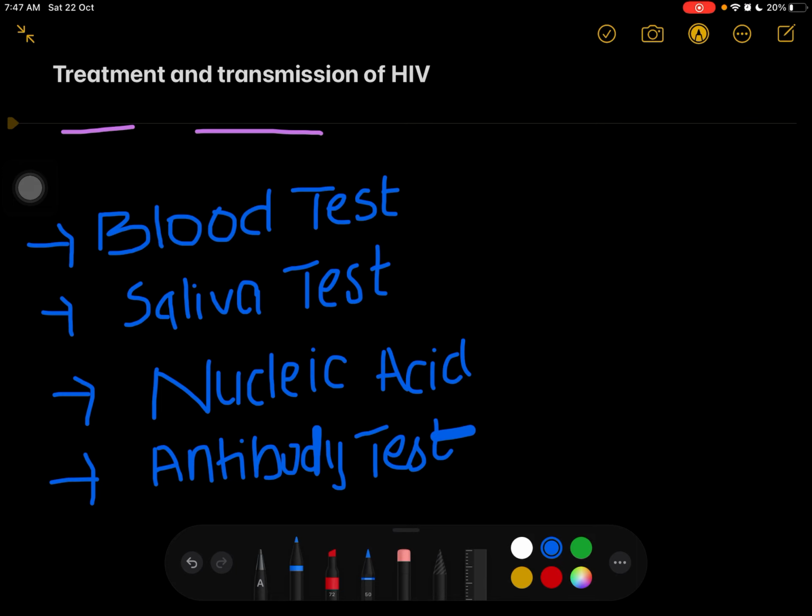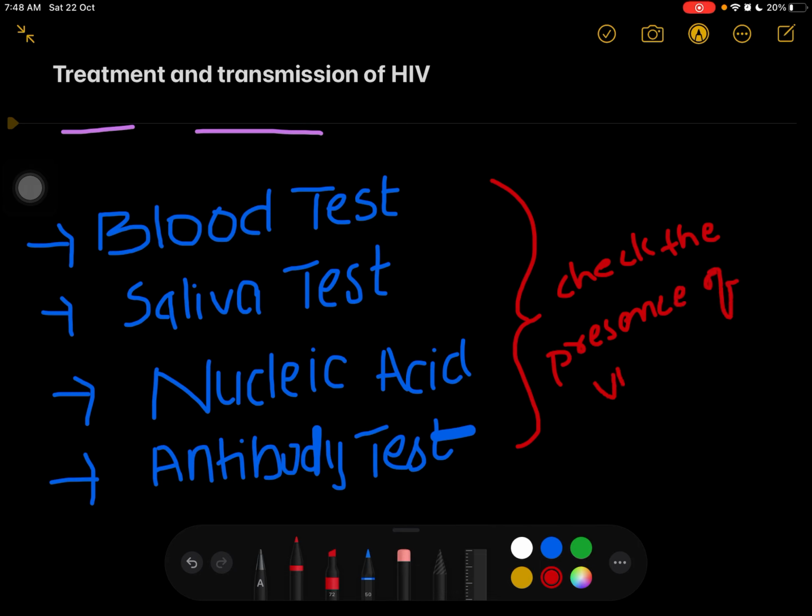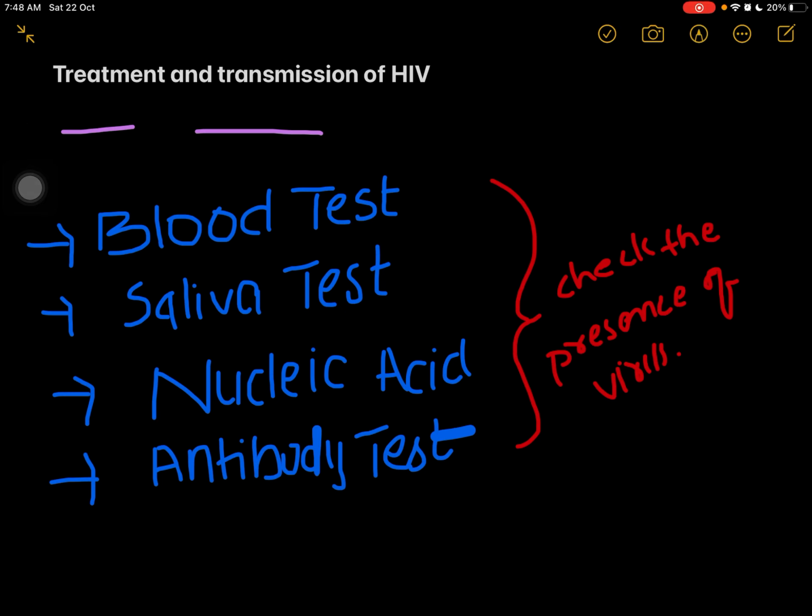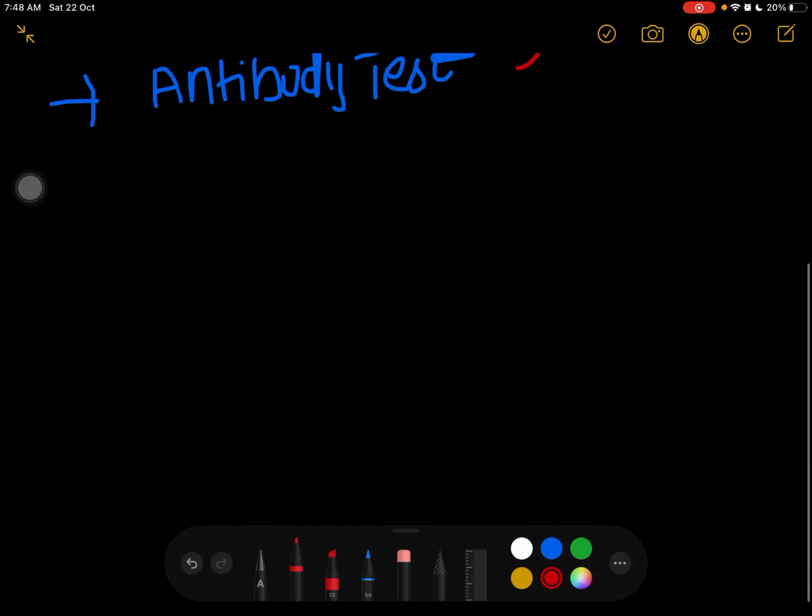This is how we will get to know if there is any production of antibodies, if the virus has awakened from the latent period or not. So these are some tests which are required in order to check the presence of virus.